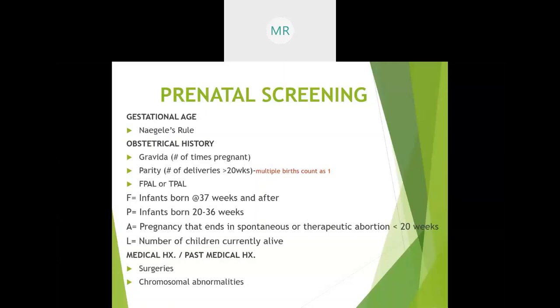So all this information about gestational age, OB history, medical history, and past medical history is going to be in there. And part of that is also chromosomal abnormalities, anything in past medical history that has anything to do with genetics. That's also going to be in there.